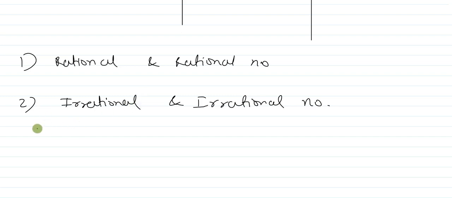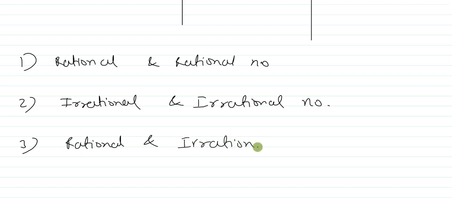And the third type of mathematical operation on real numbers will be one number rational and the second one irrational. Okay, so let's start with the first one, rational number and rational number.